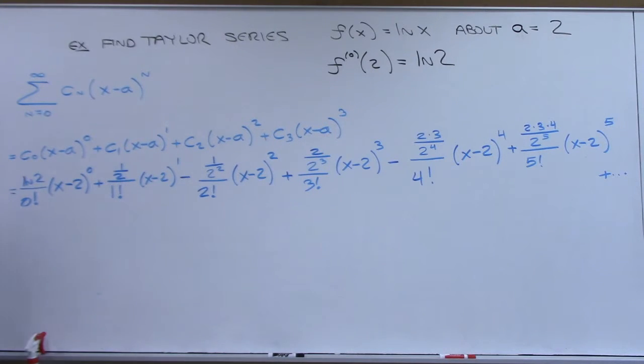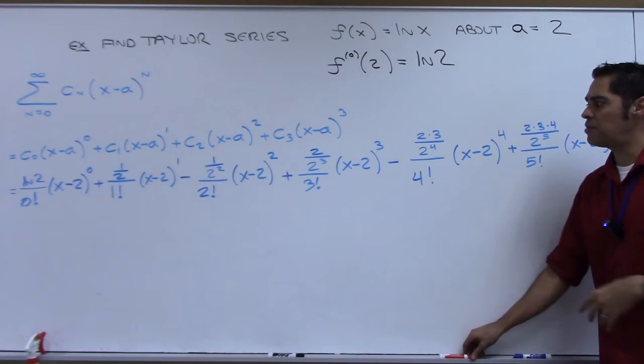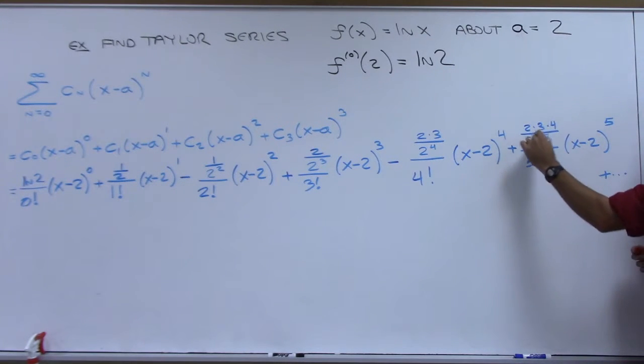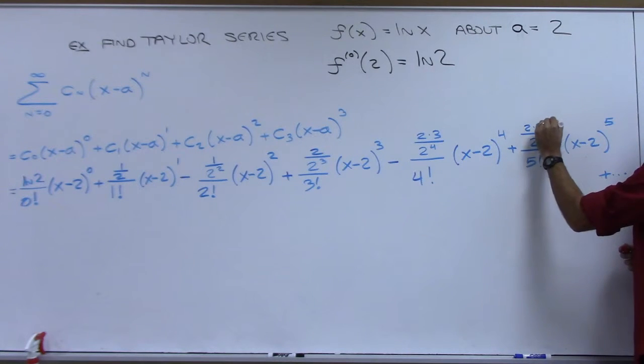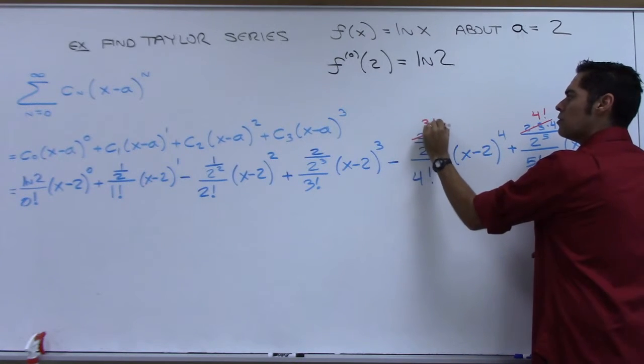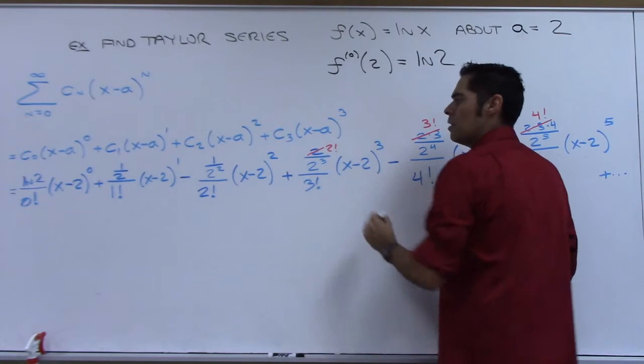The numerator is a factorial, yes. That's exactly what I wanted to point out to you, because we talked about this when we saw the pattern. This right here is a factorial, isn't it? This right here is actually 4 factorial. This right here is 3 factorial. This right here is 2 factorial.